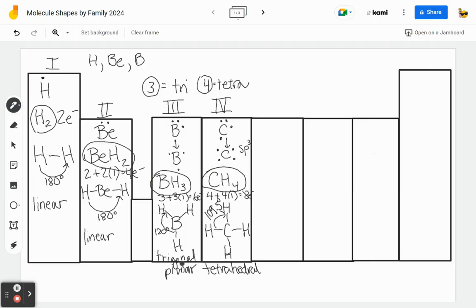Let's go to family 5, which has got nitrogen at the head of the family with 5 valence electrons. My simplest compound is NH3. Let's add the valence electrons. 5 for nitrogen, 1 for each of my hydrogens for 8 total.